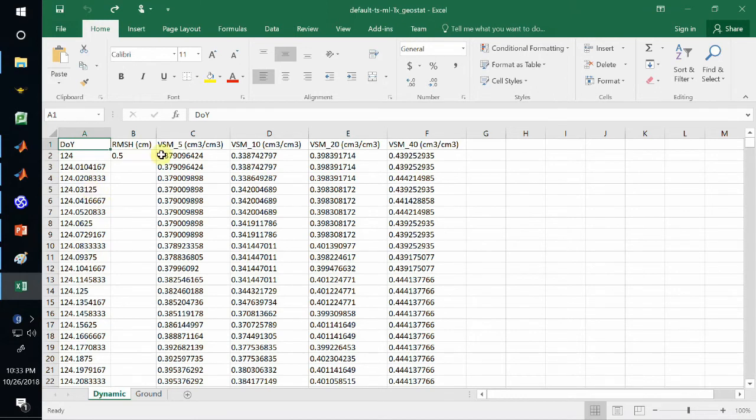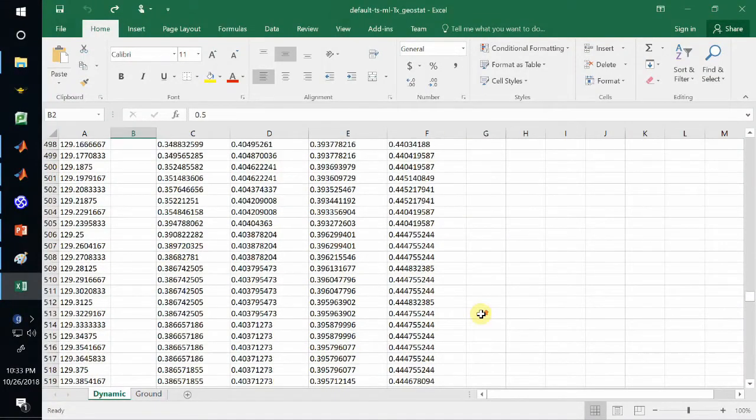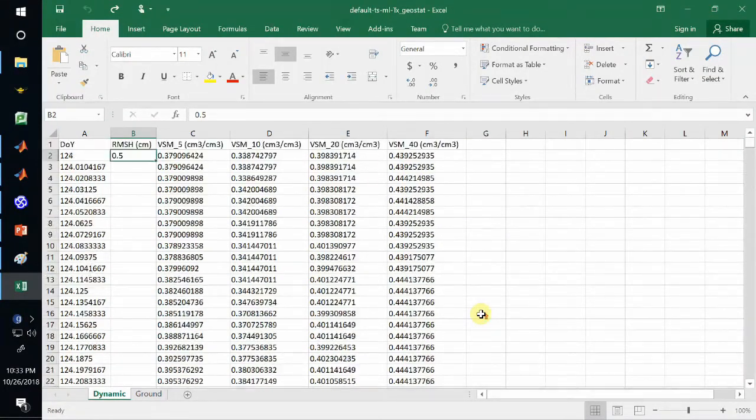Since the RMS height of the soil moisture profile is the same throughout everything, we just have one value up here in cell B2. That means the RMS height is 0.5 centimeters for the entire test. This is a very large spreadsheet.